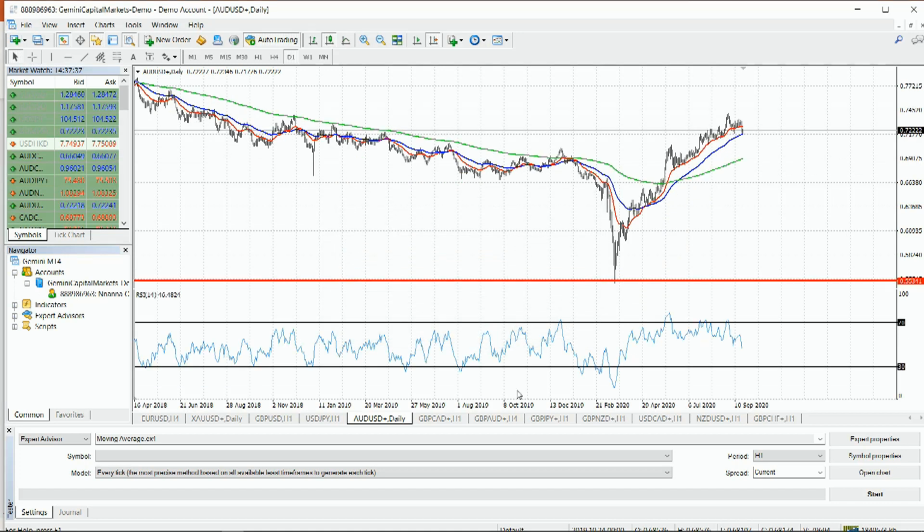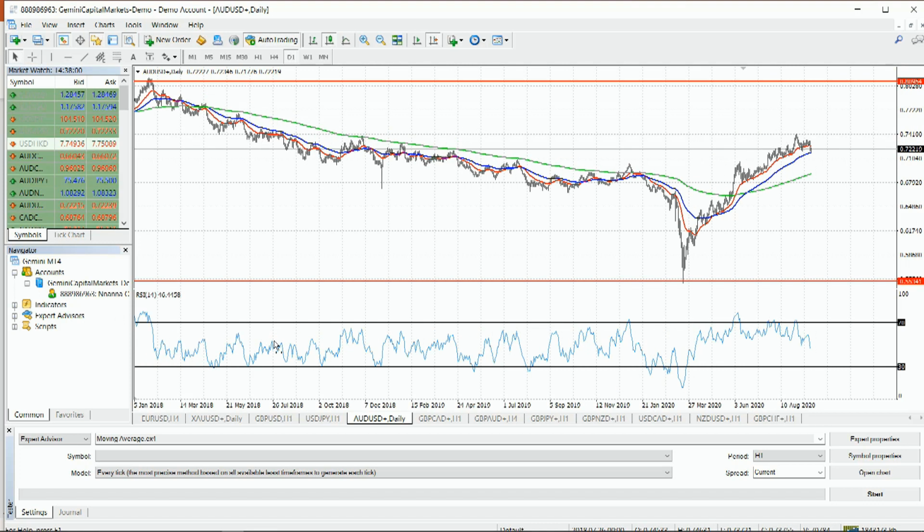Now, this is what the RSI looks like. This is the 70 and this is the 30. So you have the top of it as 100 and the bottom of it as 0. What this is trying to show you is like an oscillator that shows how much price has gone in relation to demand and supply.